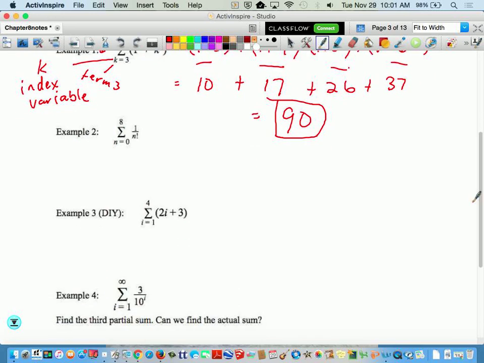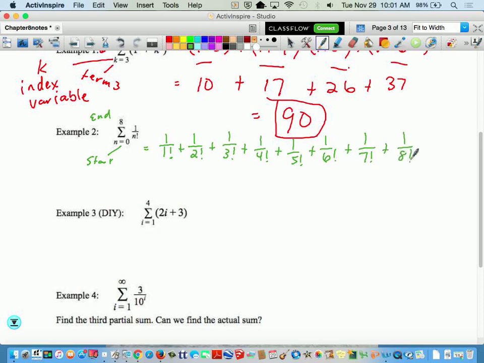So another summation, this time we're going to start with the 0 term. So start here, end here. So this is simply 1 over 1 factorial plus 1 over 2 factorial plus 1 over 3 factorial plus 1 over 4 factorial plus 1 over 5 factorial plus 1 over 6 factorial plus 1 over 7 factorial plus 1 over 8 factorial.